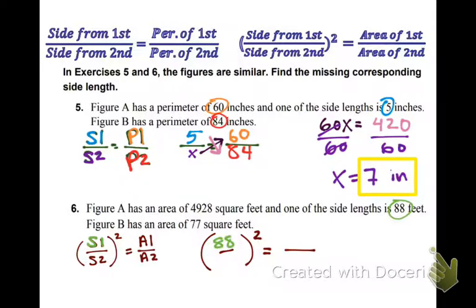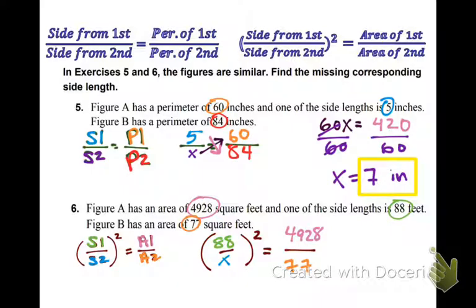Do I know the side from my second? No. So again, I'm going to put X. Do I know the area from the first? It's 4,928. Do I know the area from the second? Yeah, 77.